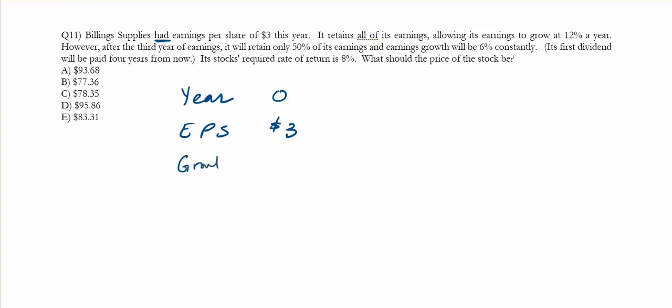So the growth rate is 12%, which means that the earnings in year 1 will be 12% more. And it's not until after the 3rd year of earnings that it will retain only 50%.